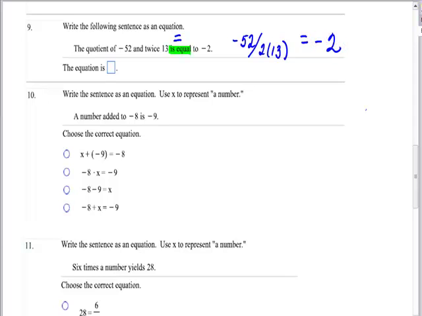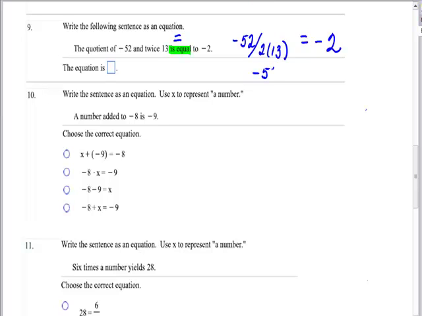Now, you're going to have to be careful when you do this, because this could miscommunicate something. Because the way it's written, if it's all horizontal, it will be negative 52 divided by 2, and then you would multiply that quotient by 13, and that's not what we want. So, since that could be confusing, I want to rewrite it.